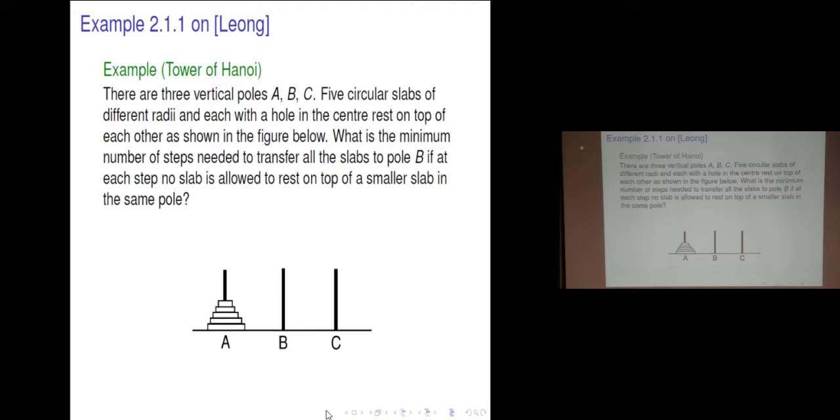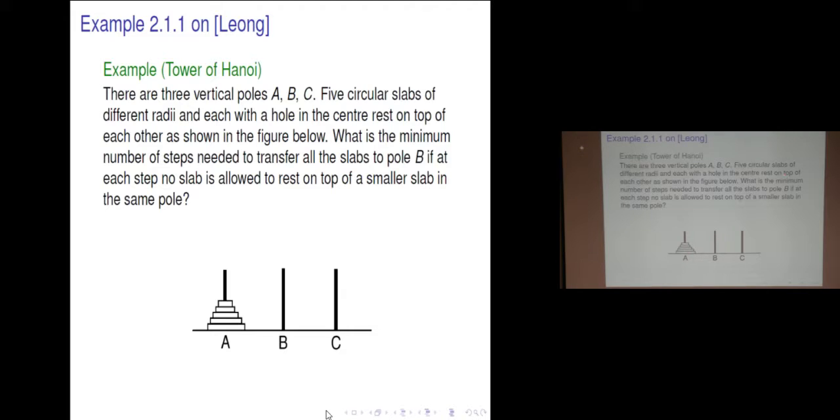Right? So okay, let me read this. There are 3 vertical poles, A, B, and C. 5 circular slabs of different radii, from small to big, each with a hole in the center. So you can put the slabs on the pole, so that they rest on top of each other as shown in the figure here.